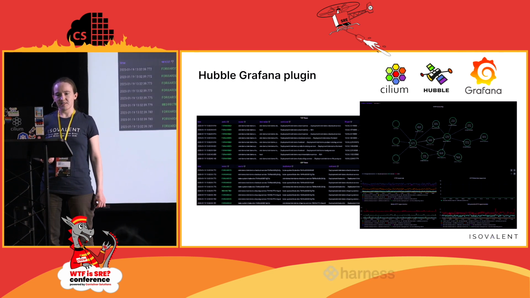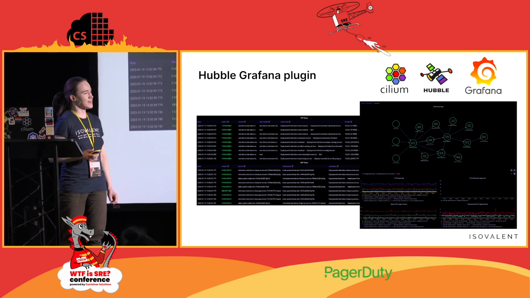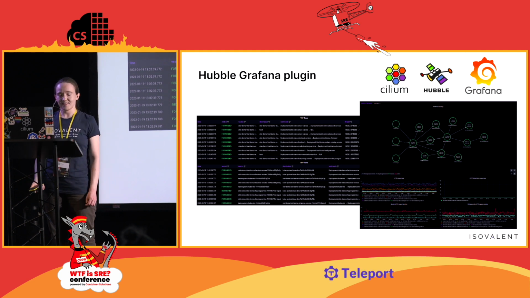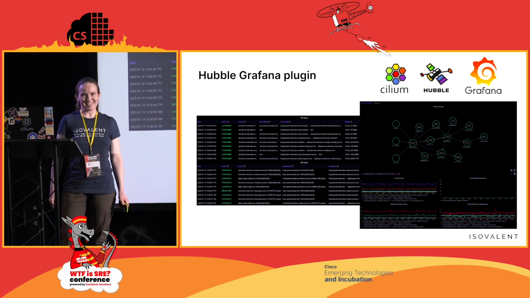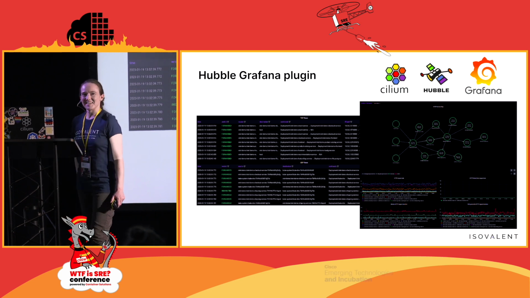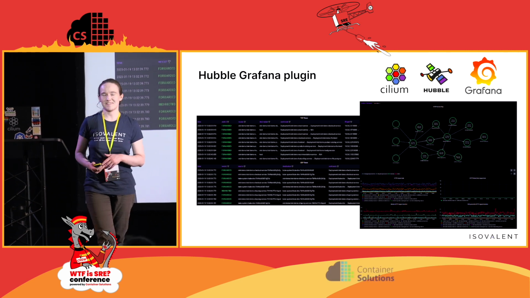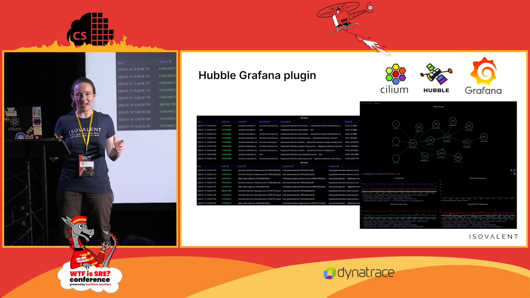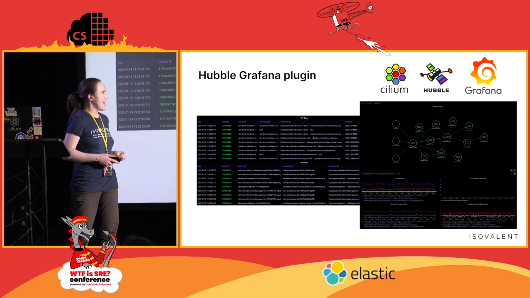Hubble also exposes Prometheus metrics, and we have a Hubble Grafana plugin. So in the observability space, there are so many different platforms these days. I think many of you can probably relate to these problems when you have tons of different tools and tons of different tabs open in the browser and are trying to make sense of them all.